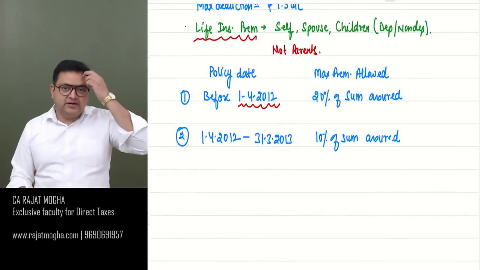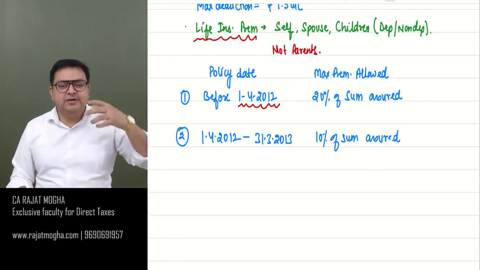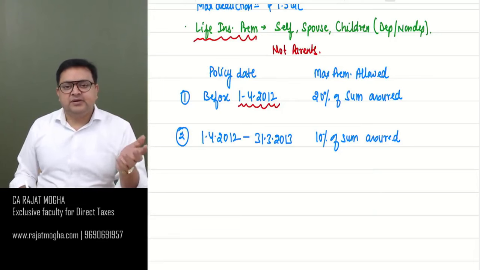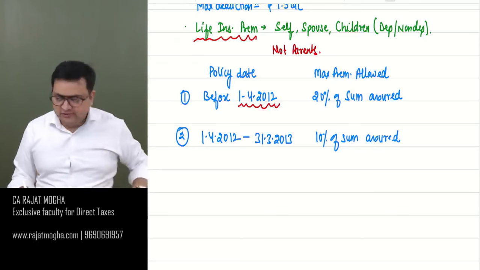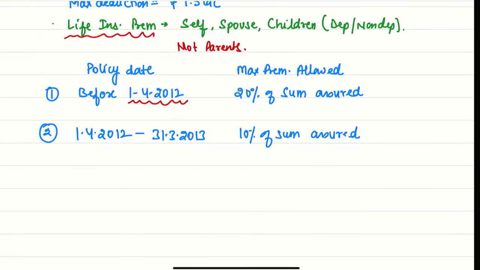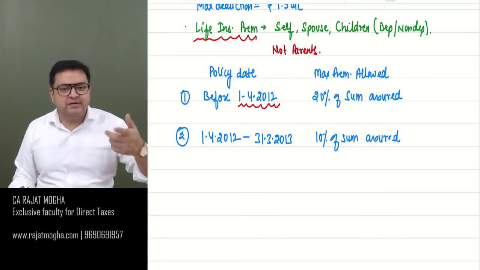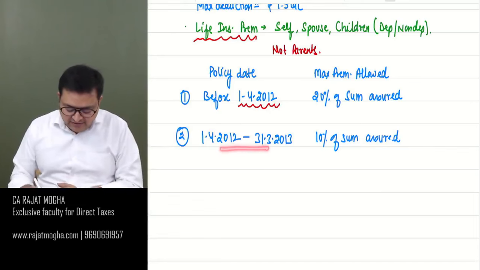They found that the people who are physically handicapped, blind, deaf, or dumb, for them the insurance companies charge more premium. So they understood that for those people, insurance companies charge higher premium. So after 1 year, they rectified this mistake.